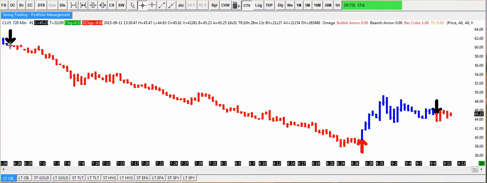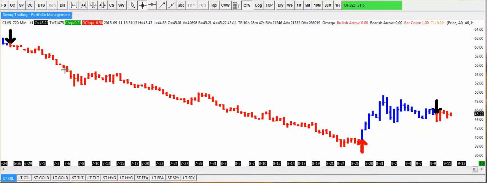Again, over here, it gave you a signal to get short, and the market has been dropping since then. The interesting thing about the software is that you will notice we do not get any blue bars, so we do not get any signals in the software telling you that you should be long this market. And it's been correct since June that the market has only gone down.